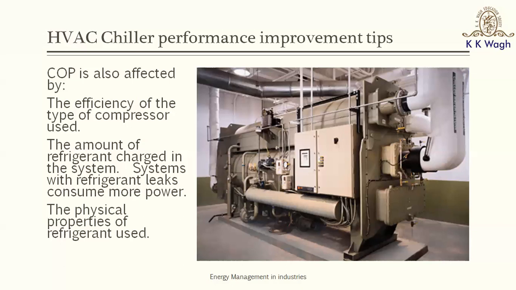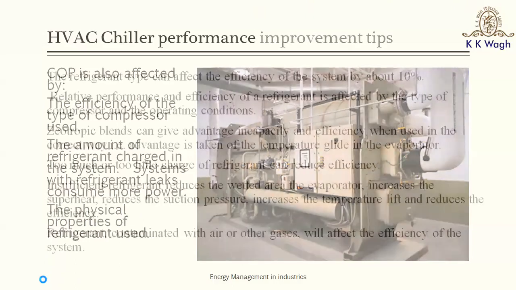The choice of compressor and its efficiency also has its role if you want to maintain the performance of the HVAC chiller. So we see that these many factors, including the performance of the compressor and the refrigerants used, critically impact the performance of the chiller.